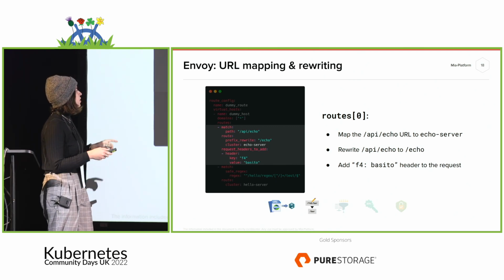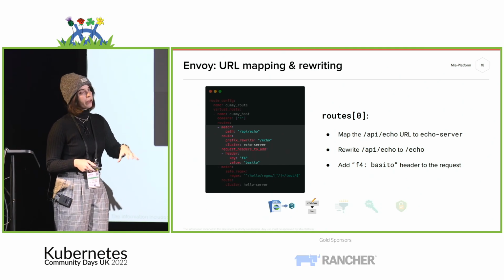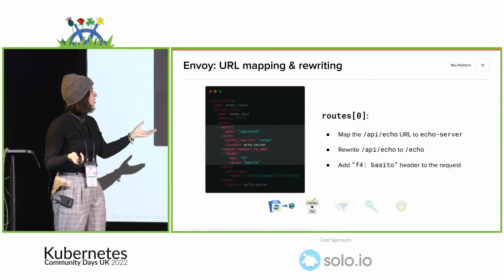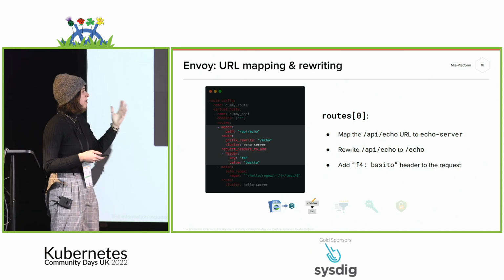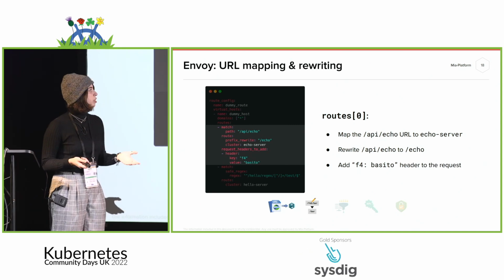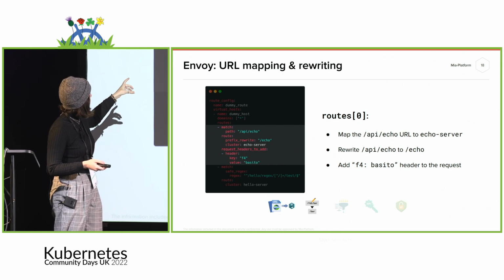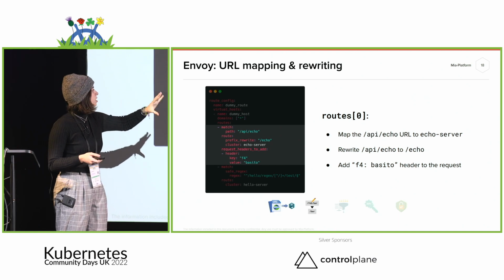So if a request arrives with the /API/echo URL, it will be mapped to the echo server upstream. Then, since this echo server upstream, for some reason, just exposes the /echo root, Envoy is going to rewrite the prefix, and it's going to change /API/echo to just /echo.